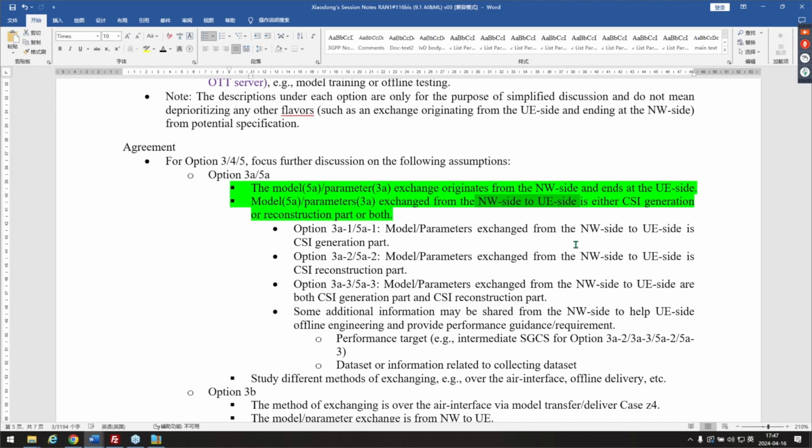So in such a case, how can the UE check the performance target? The UE only has the encoder, right? If the UE checks the performance target, it means the UE has to implement the decoder, but the decoder is not there.